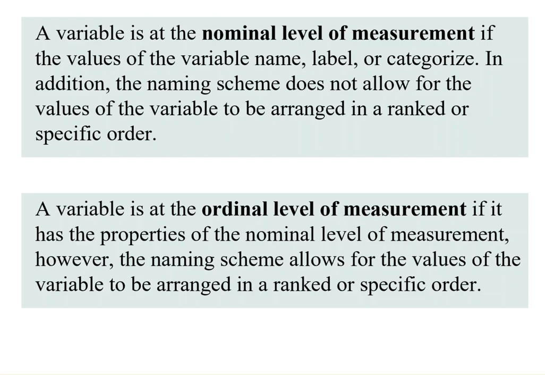The ordinal level has those same properties of the nominal level, but also, in addition, the naming scheme does allow for those values to be ranked or arranged in a specific order. So think of ordinal as being able to be ordered.